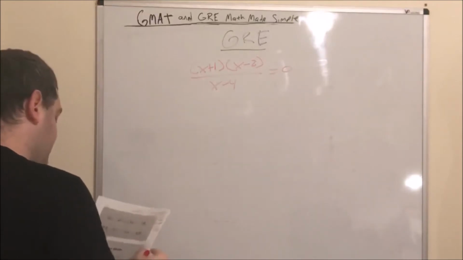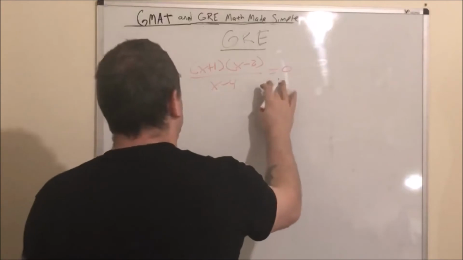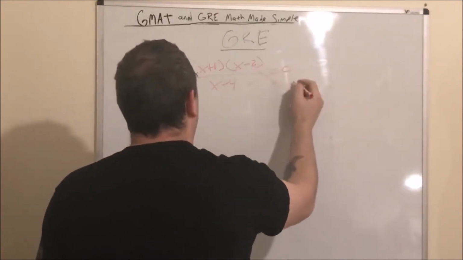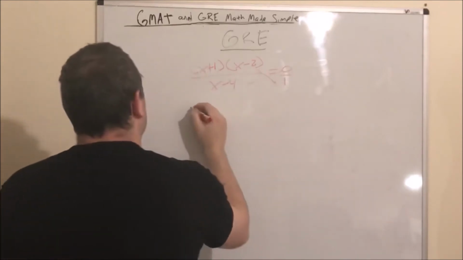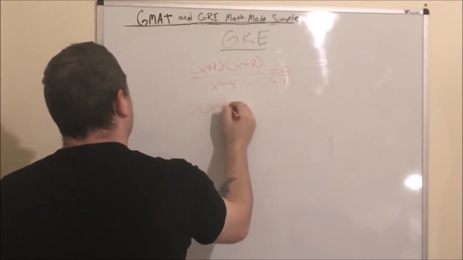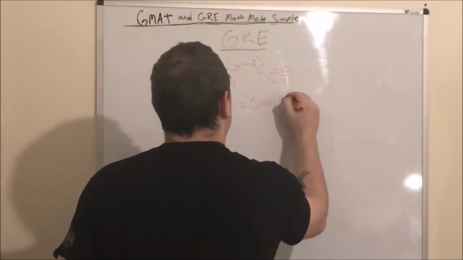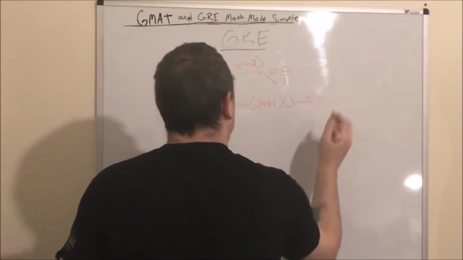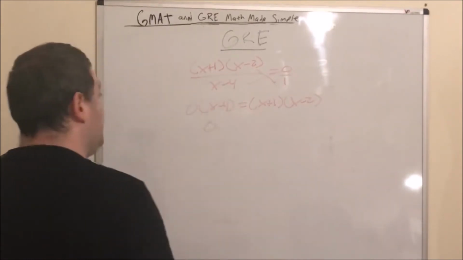Okay? So what we could do here is, since this is supposed to be equal, we can cross multiply. This could be considered a 0 over 1. So this will be 0 times x minus 4 equals x plus 1 times x minus 2. So this will become 0, because 0 times anything is 0.